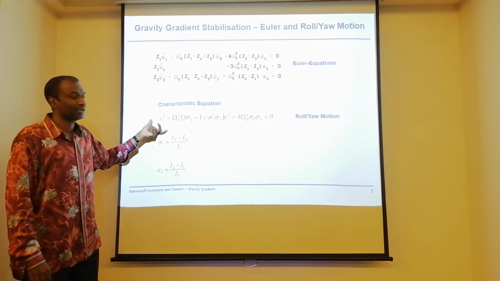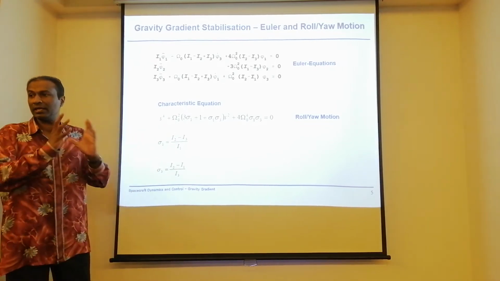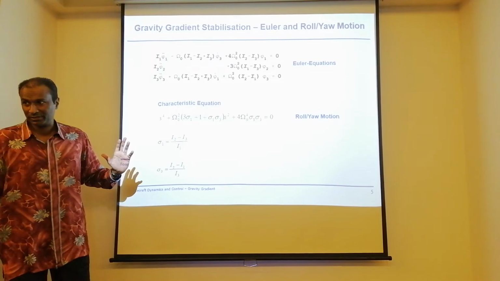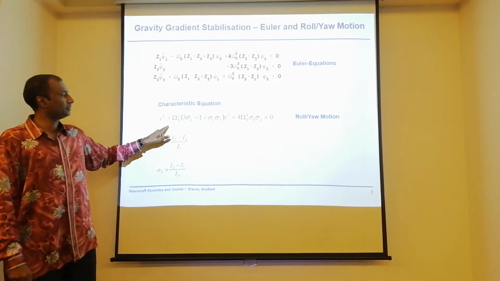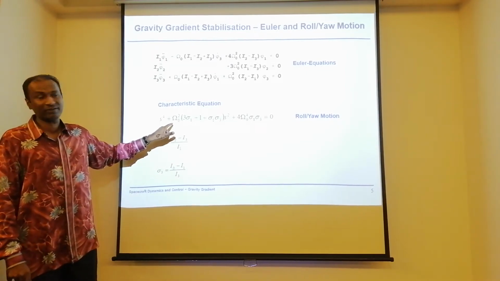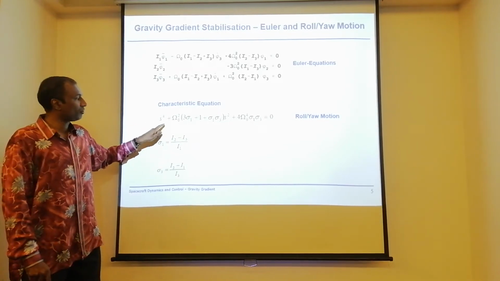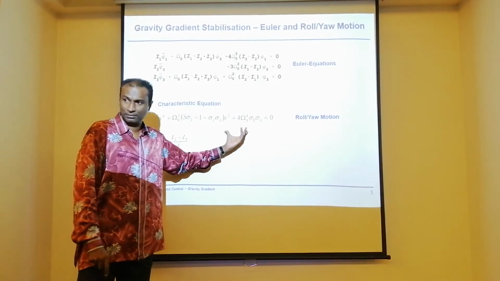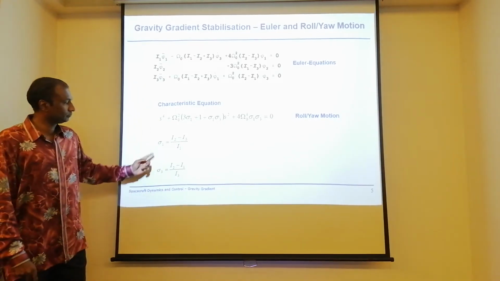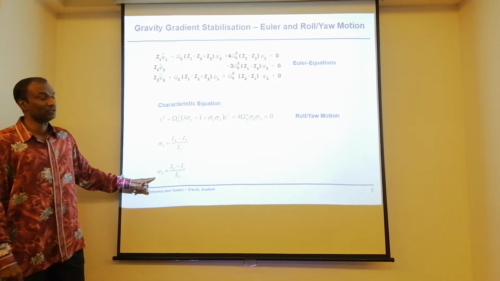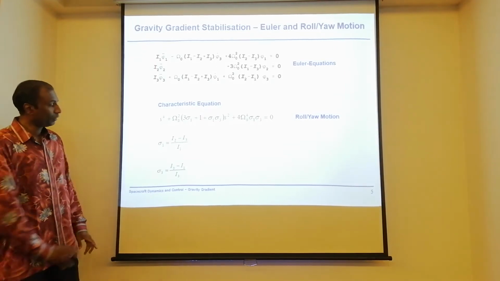I can find the characteristic equation. Just do an open loop transfer function, please try this, and you can find this characteristic equation. Now, in order for this to be stable, sigma 1 and sigma 3 is what we need to take care of. What does it mean?